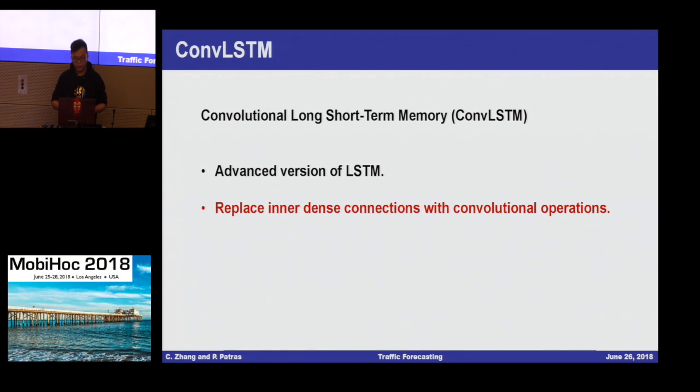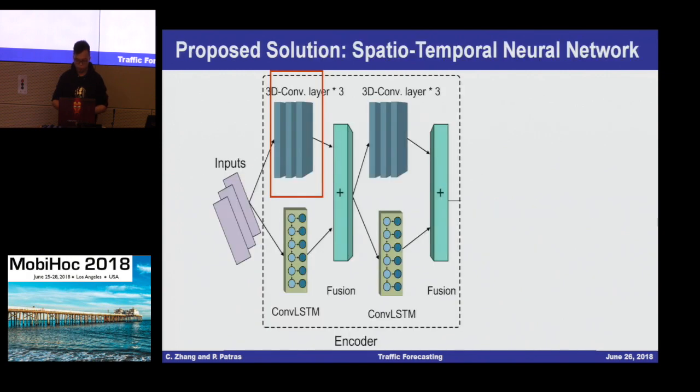The key point is that the ConvLSTM replaces the inner dense connections with convolutional operations, which enables the model to handle spatial data well, and also dramatically reduces the number of parameters needed, which makes the model less likely to overfit. Most importantly, ConvLSTM works really well in modeling spatio-temporal data like video, and that is one of the key reasons we incorporate it into our architecture.